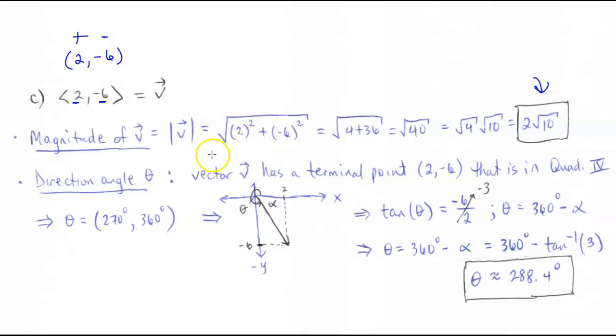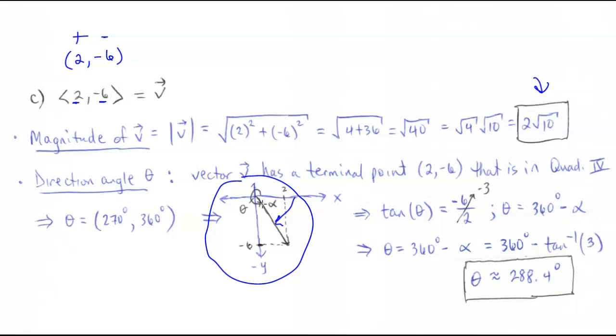And so I've drawn that here. And of course, if we do the whole right triangle thing, we find theta by taking 360 and subtracting this reference angle alpha from it.